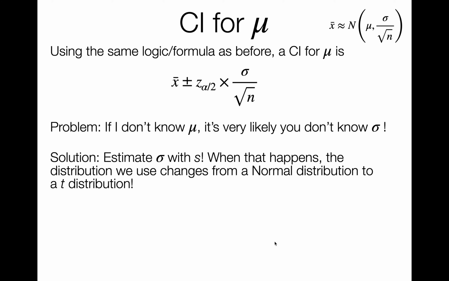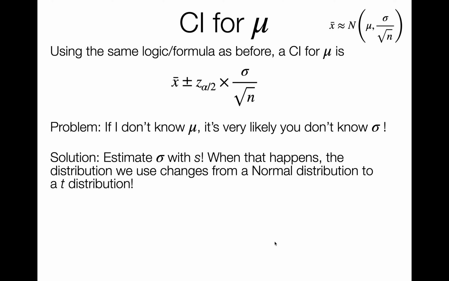Now, when this happens, something important happens. It was a really nice case when we replaced p with p hat in the confidence interval before, but now when we replace sigma with s, the distribution that we use changes from a normal distribution to something called a t-distribution.